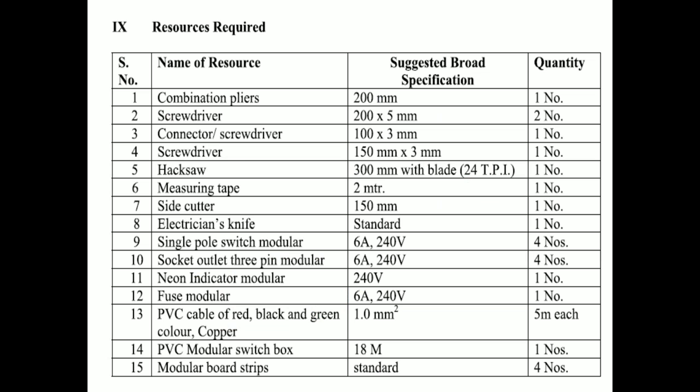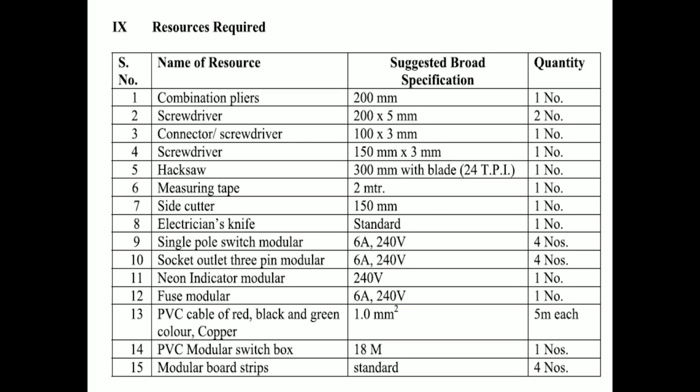Okay, now the resources required for the purpose of this experiment. The resources required are a combination plier of specification 200, quantity required 1. Then screwdriver 200 into 5, 2 numbers of quantity required.